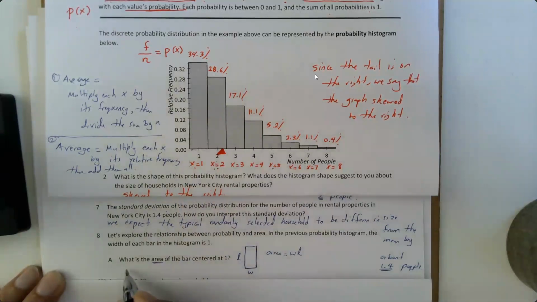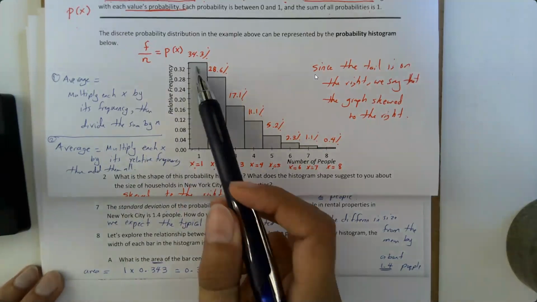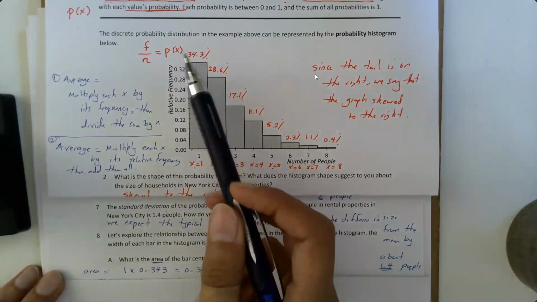So it's going to be 1 times 0.343, which is 0.343, or as you can see, 34.3%. That is the area of the first bar centered at 1. So by this logic, the area is the same as probability.